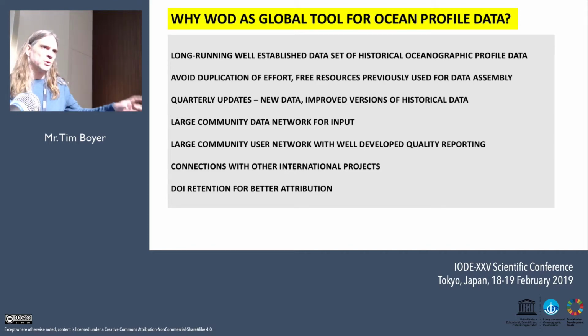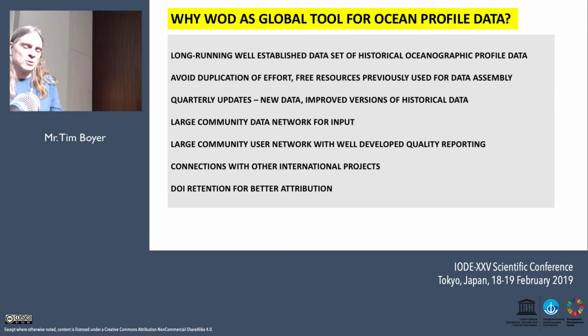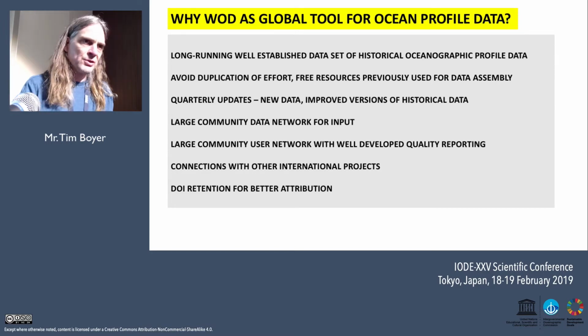Instead of different groups around the world gathering data for different regions, we can use the World Ocean Database as a single repository, and then regional and local experts can help do the quality control on a global scale, so you only have to go one place to get the best quality data. Of course, there are quarterly updates for climate studies.